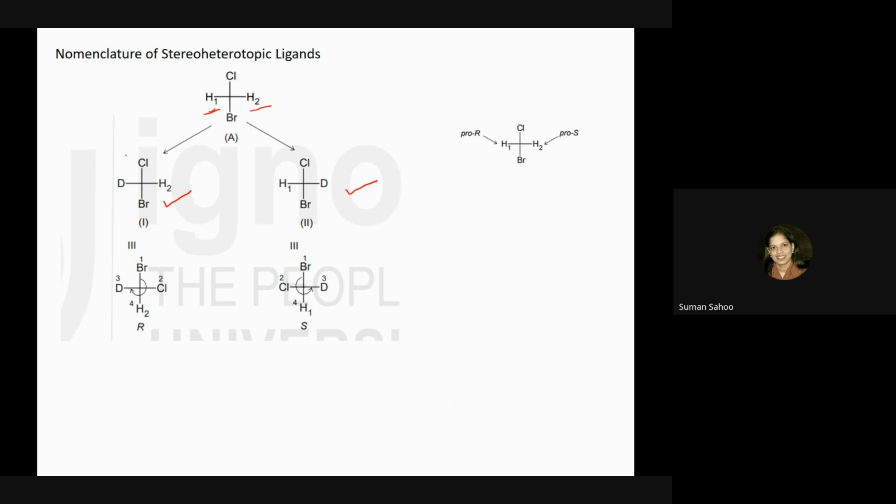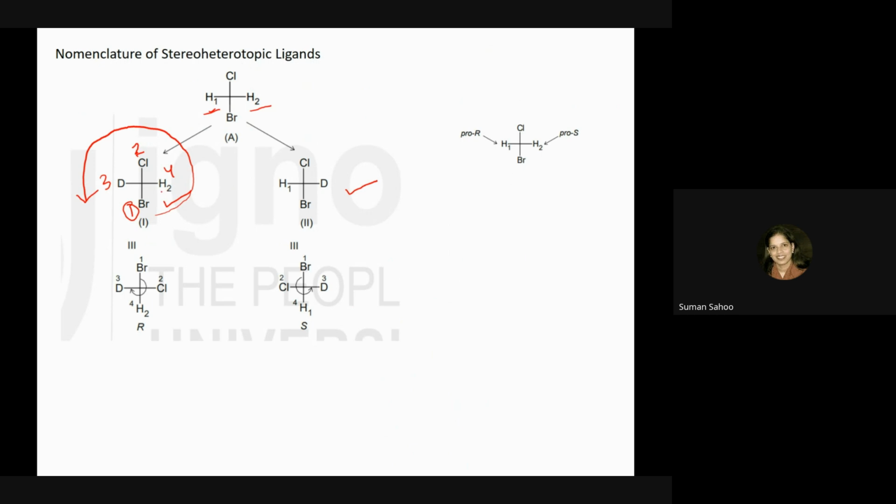So if we check the absolute configuration in this case, bromine is of first priority, chlorine is of priority number 2. This one is priority number 3 and this is priority number 4. And this priority number 4 is on your horizontal axis.